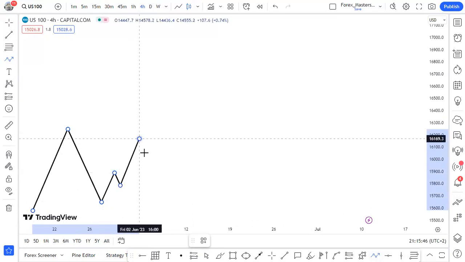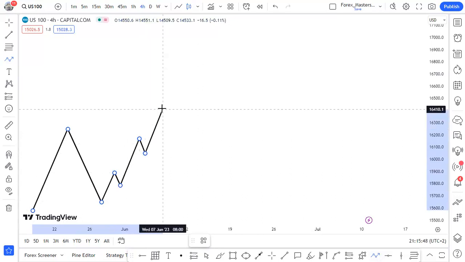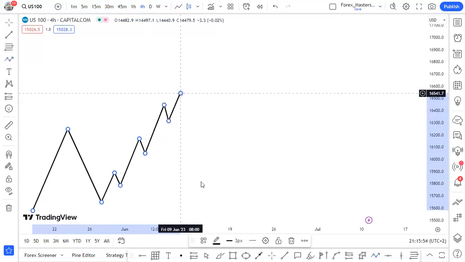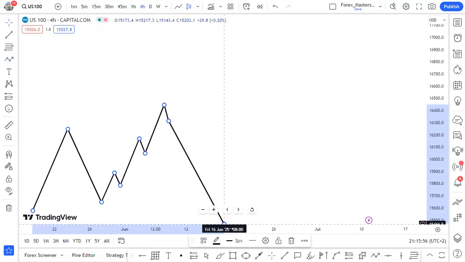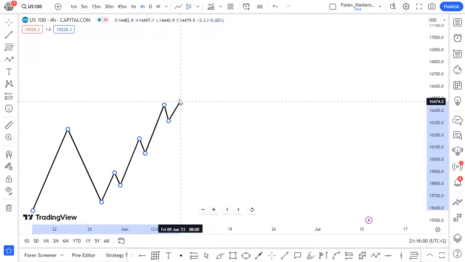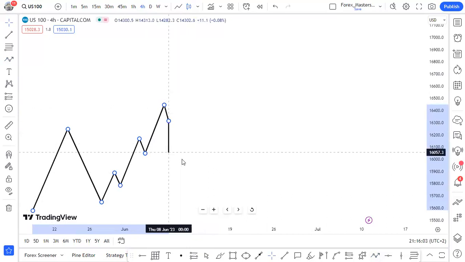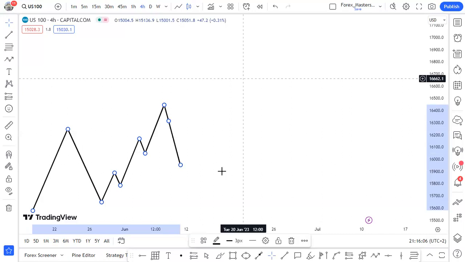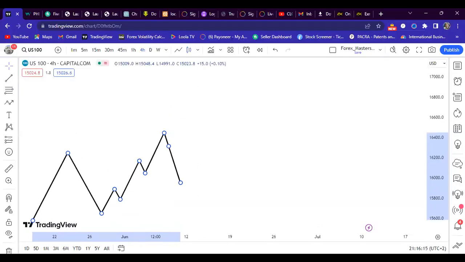Once we have a confirmed trend, the next thing we want to see is the market pull back. So in that pullback, this is where we'll be expecting to look for our entries.